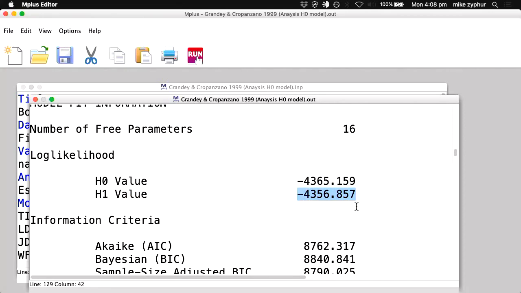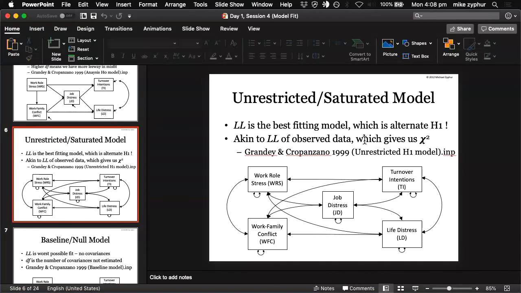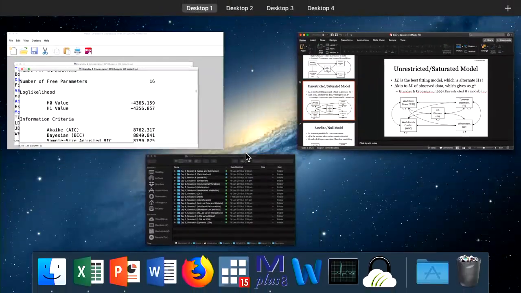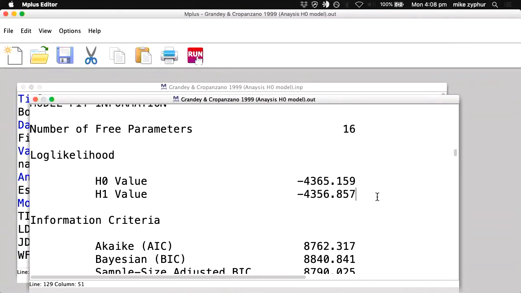Negative 4356. Multiply that by -2, you get a chi-square value. Okay. Now check it out. Let's estimate that model. If that is our analysis model, then what should we see when we estimate it? We should see these two things be exactly the same. Does that make sense why? Because the null will be the saturated model, which we're estimating.